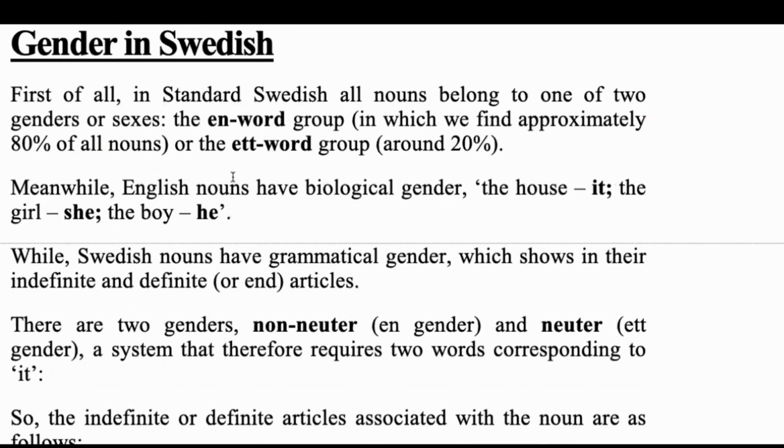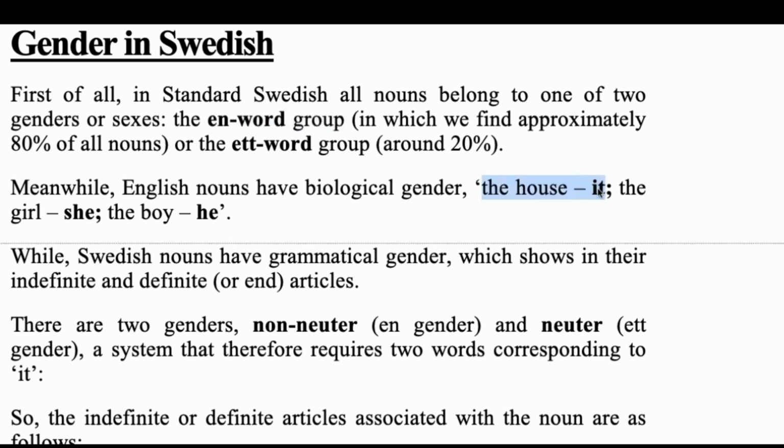Now we move towards gender. There are only two genders in Swedish language. We call them non-neuter gender or neuter gender. Non-neuter gender is known as en words, and neuter gender is known as ett words. In English we have biological gender: the girl would be feminine, she; the boy is masculine, he; and house can be neuter, it.